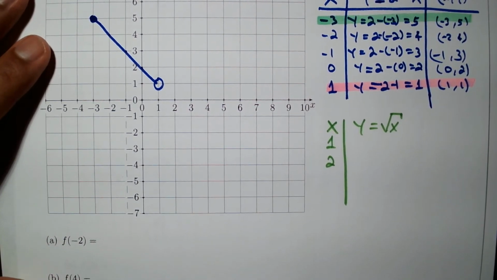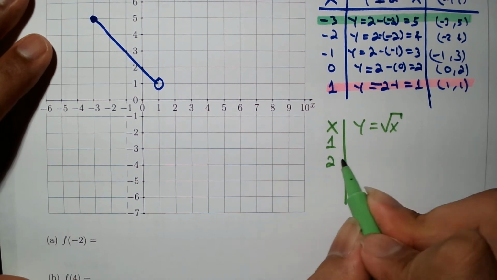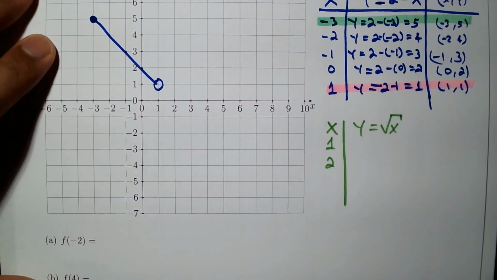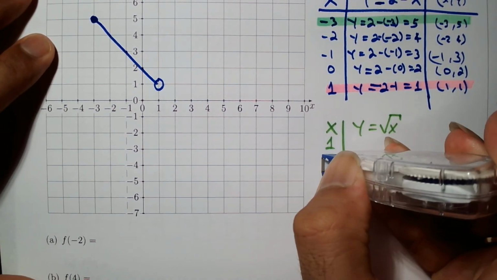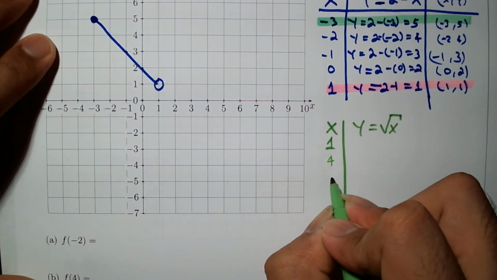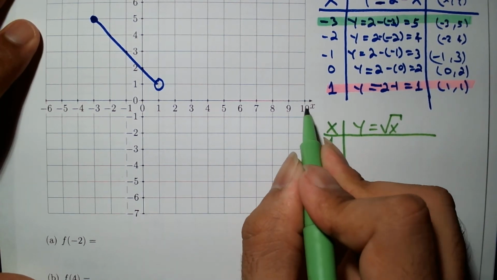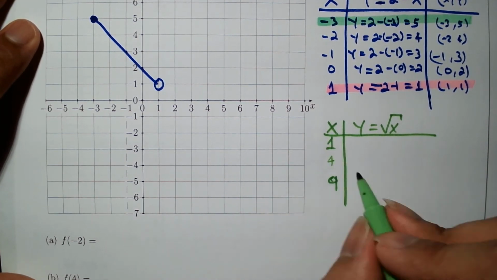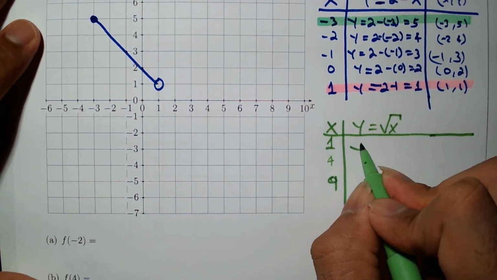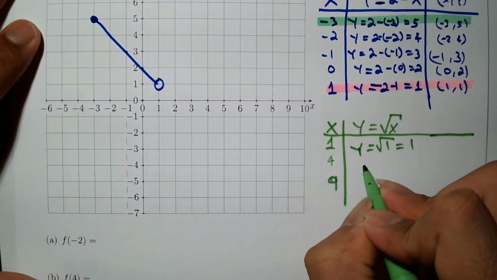I'm going to choose my numbers wisely so that we get exact numbers, the perfect squares, like 4 and 9. That's enough, because I have values of x up to 10, so I don't have the space to have more numbers. So y equals the square root of 1, which is 1.